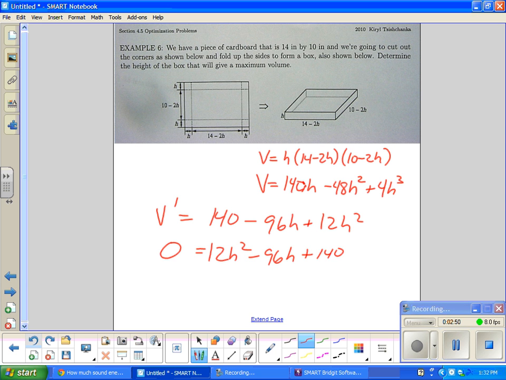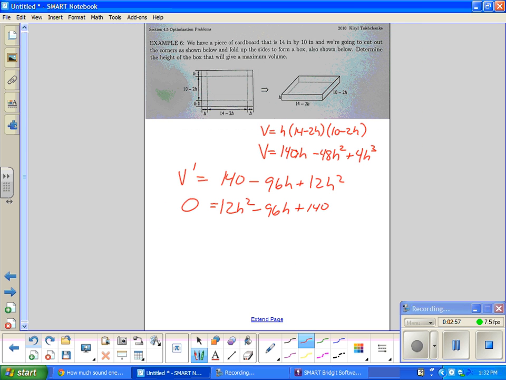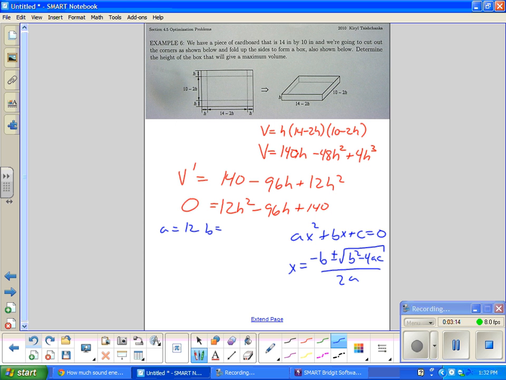So this is a case where we either got to use quadratic formula or complete the square. Perhaps I'll use the quadratic formula, and we know that if we have ax squared plus bx plus c equals 0, then x is equal to negative b plus or minus the square root of b squared minus 4ac, all over 2a. So in this case, I have a is 12, b is negative 96, c is 140.